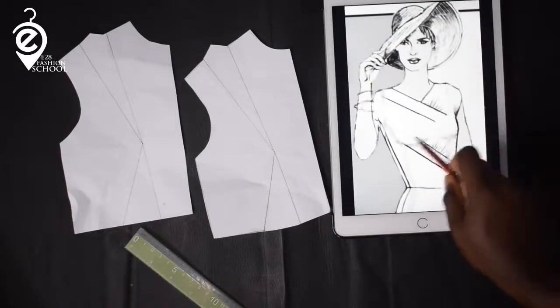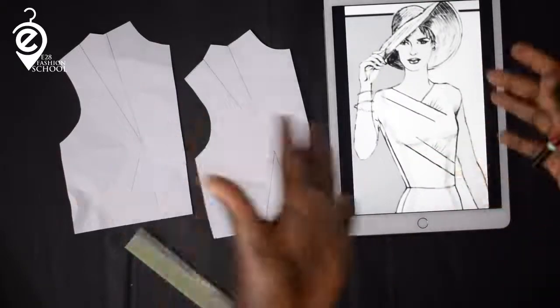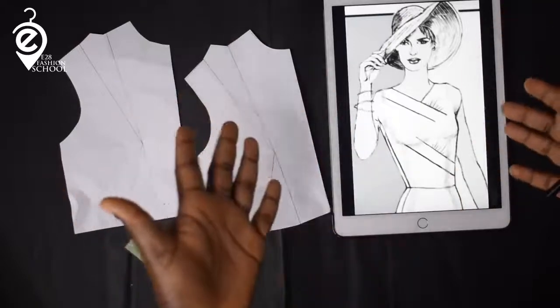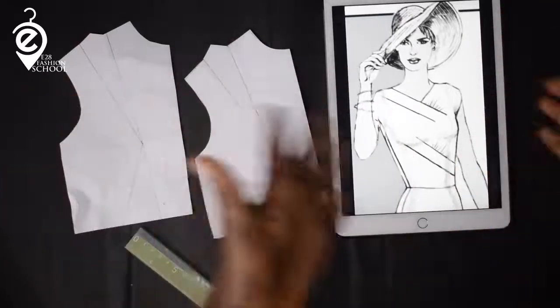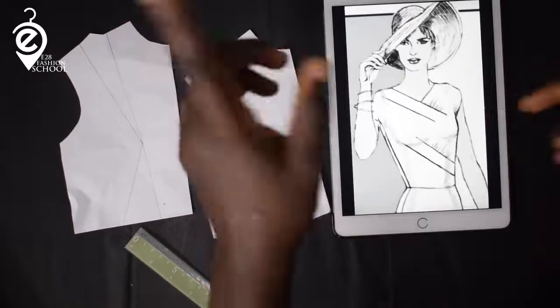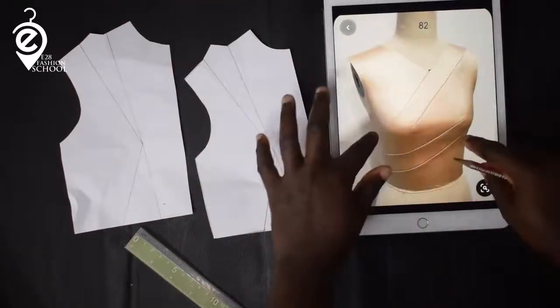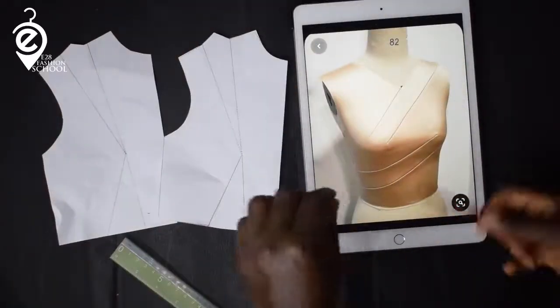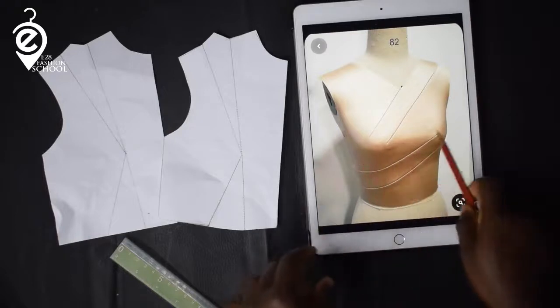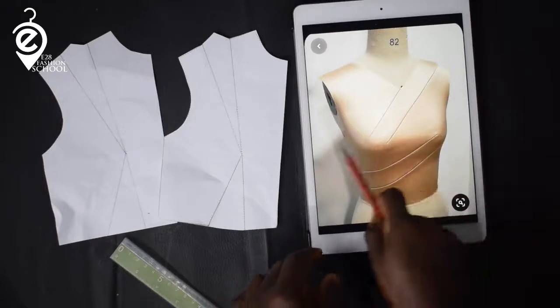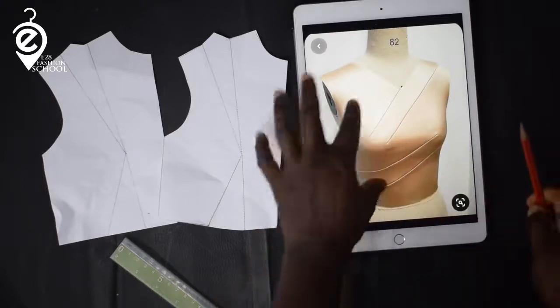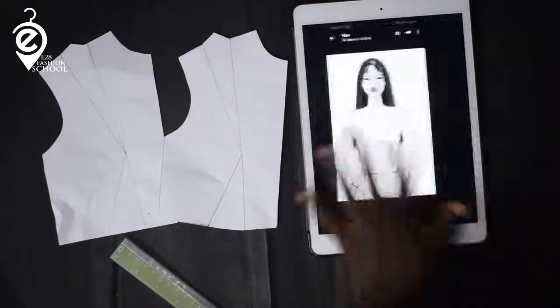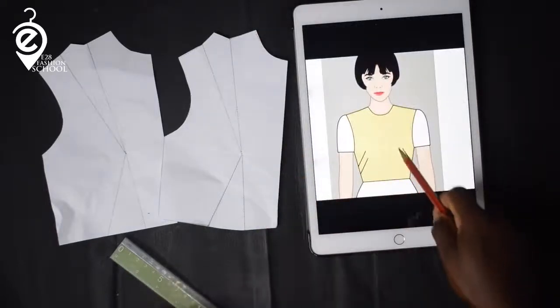Can you see this one is an asymmetrical parallel dart, and it is a horizontal parallel dart. Now this one is also a horizontal parallel dart, because can you see it's parallel like this horizontally. And look at this one, it is parallel like this vertically.